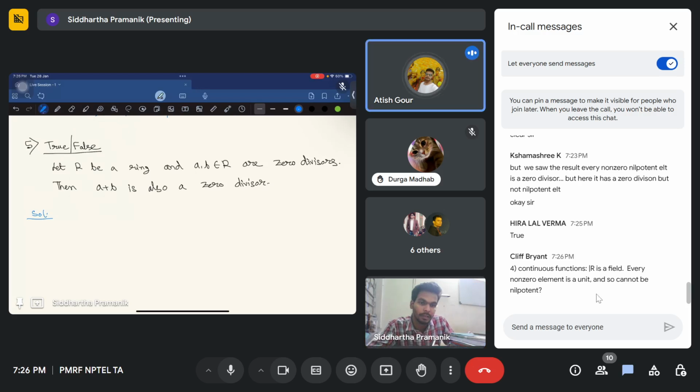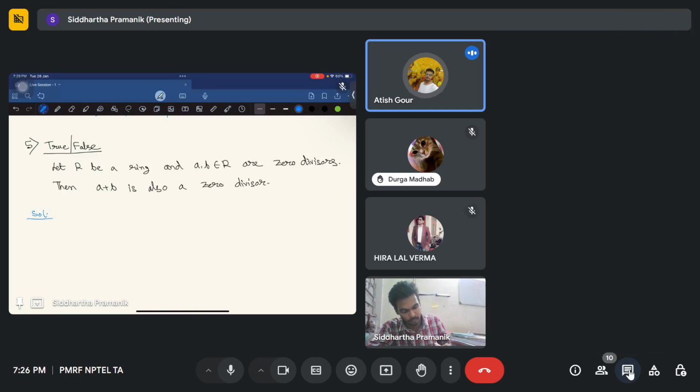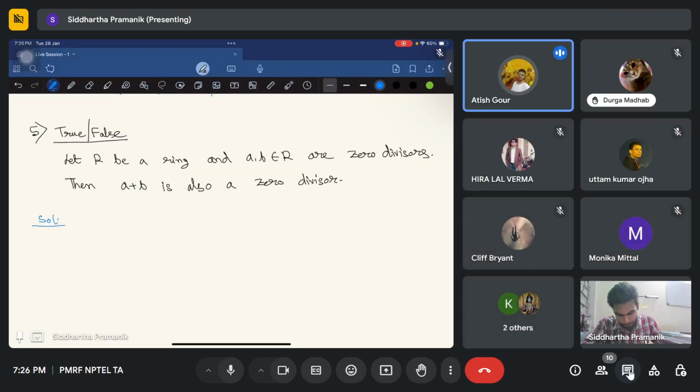Non-zero element. Is it false? If we can take an example of Z6, or Z by 6Z, so elements, if we can take 2, 3. 2 and 3 are zero divisors, but 2 plus 3 is 5, which is not a zero divisor. Yeah, you are absolutely correct. So this is false.